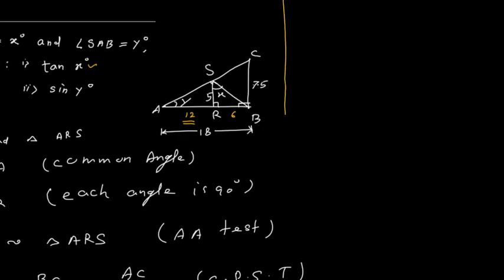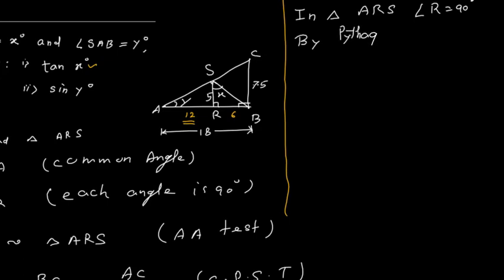In triangle ARS, first of all we can say that angle R is 90 degrees. Therefore by Pythagoras theorem, AS square is equal to AR square plus RS square.